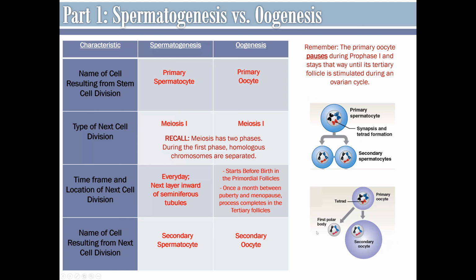Then remember that this process pauses halfway through, so it's going to pause here where you see the arrow. The primary oocyte will pause during prophase 1, and it will stay that way until the tertiary follicle is stimulated during an ovarian cycle. So it'll pretty much stay paused from the time that a female is born up until a particular monthly cycle when that particular tertiary follicle is activated.